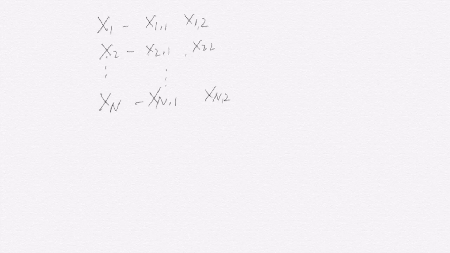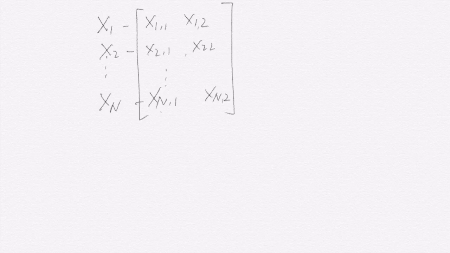X1, let us note them as x1 1 and x1 2. Say we have x2 1, x2 2, go all the way until we reach xn1 and xn2. So the first subscript represents the index of the data sample, and the second subscript represents the attribute.